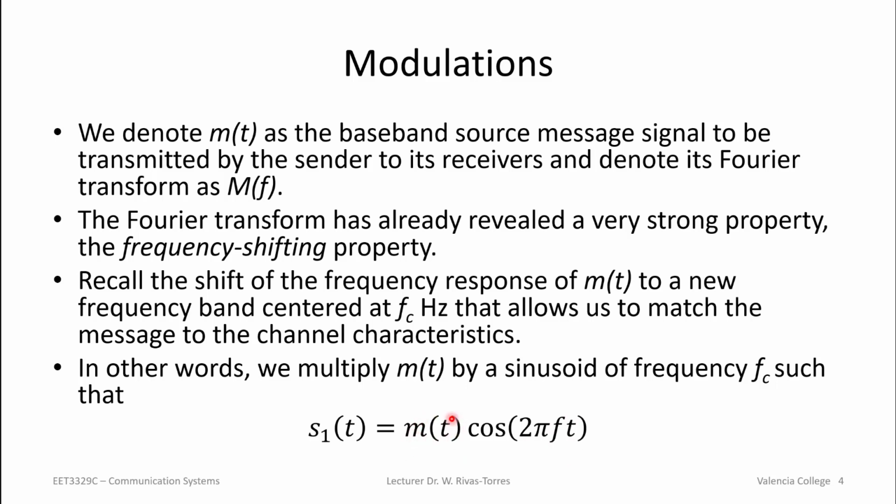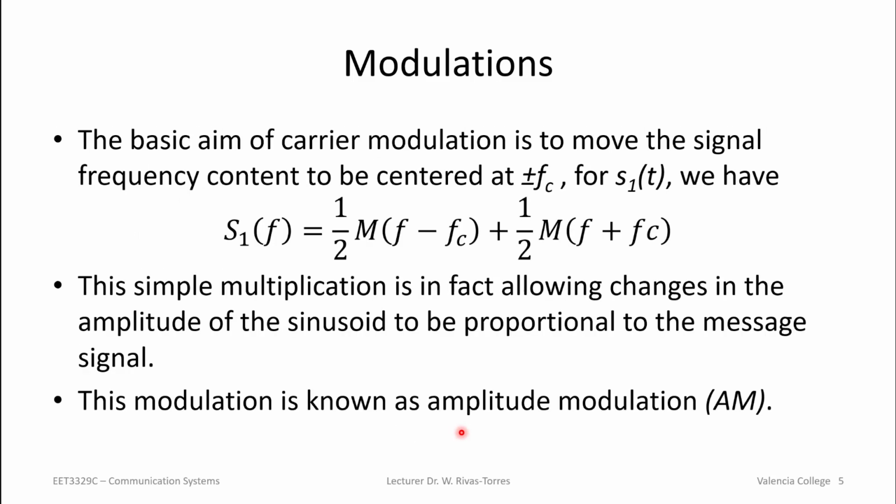Notice that m(t) is taking the position where normally we put the amplitude of the cosine. The aim of a carrier modulation is to move the signal content, the information, to be centered somewhere around f_c, which is your carrier frequency.